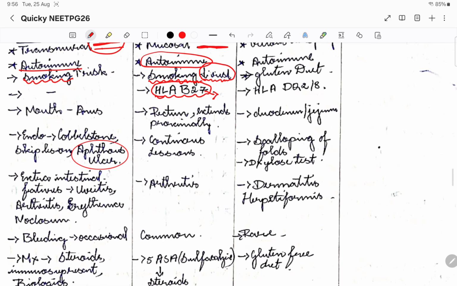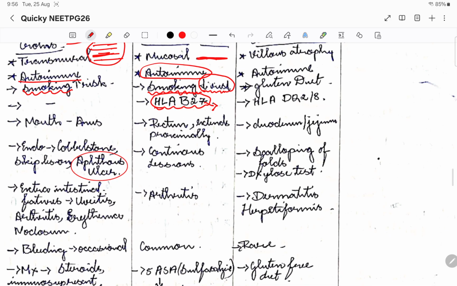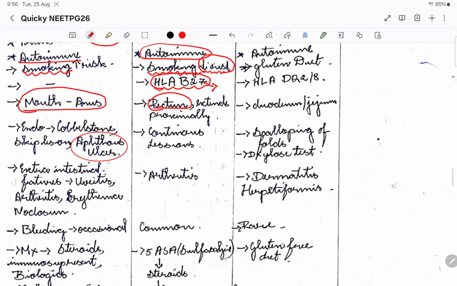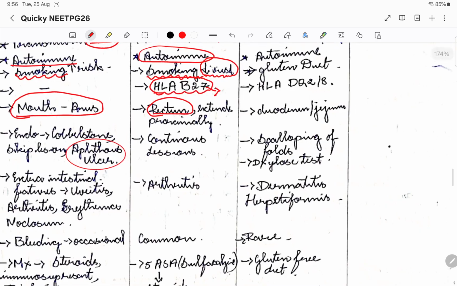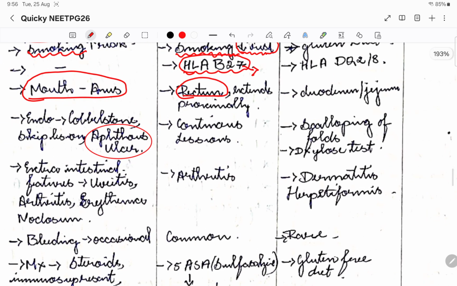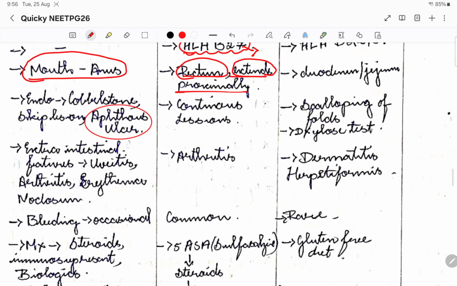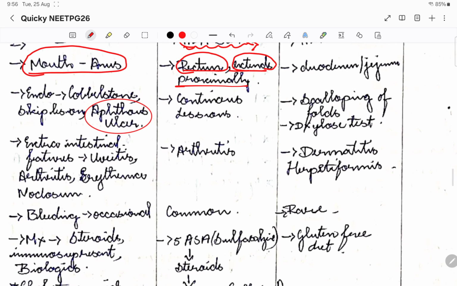Then Crohn's disease can affect from mouth to anus, whereas it is the rectum that is most commonly affected in ulcerative colitis. Rectum is also a part of the colon. Then it extends proximally, not distally. If the rectum is involved, it will start going above. So that is the difference between Crohn's and ulcerative colitis.